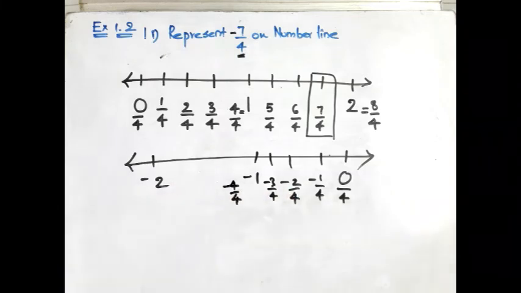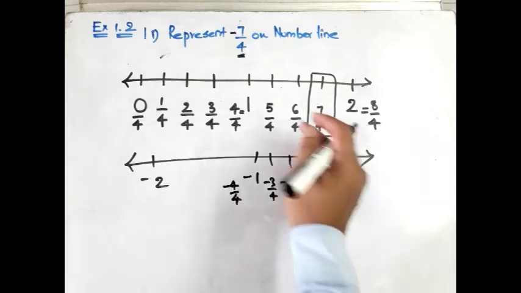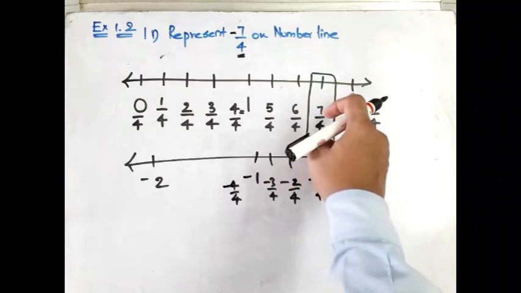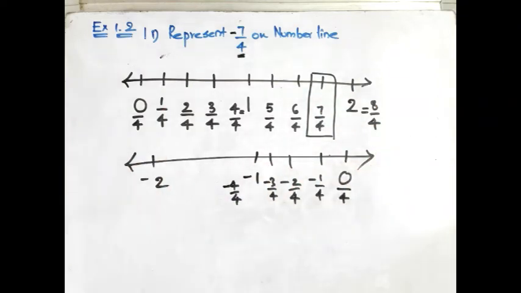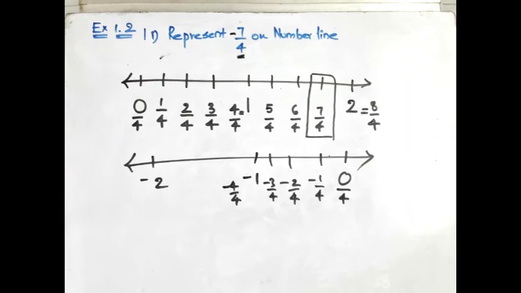This line goes on like this. Simple: if it is plus, right; if it is minus, left of 0. Hope you are clear. Now I am moving to the next concept which is helpful for exercise 1.2.